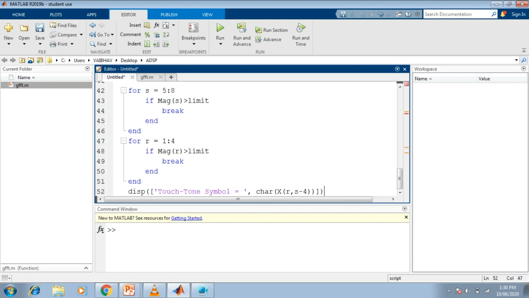So this much of the script we consider sufficient for this application of signal detection, dual tone multi-frequency detection.